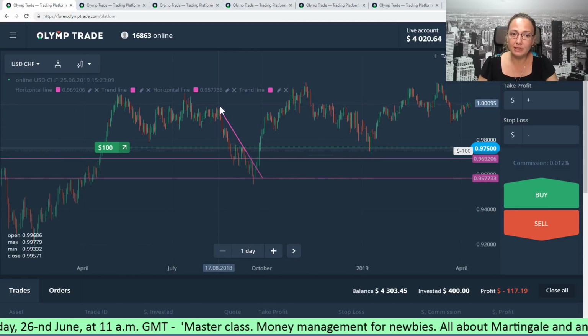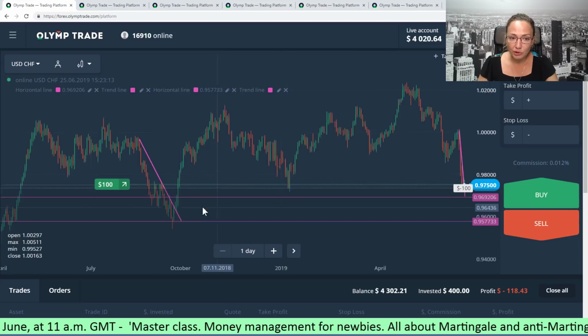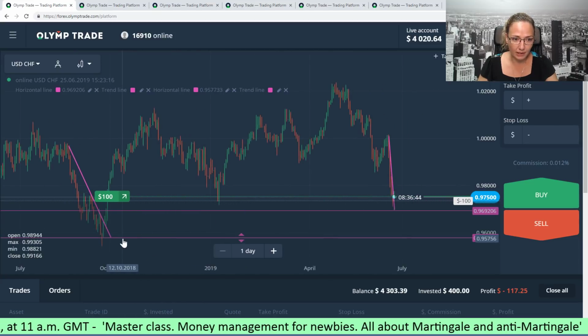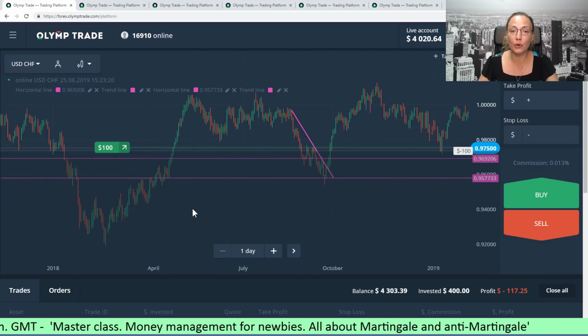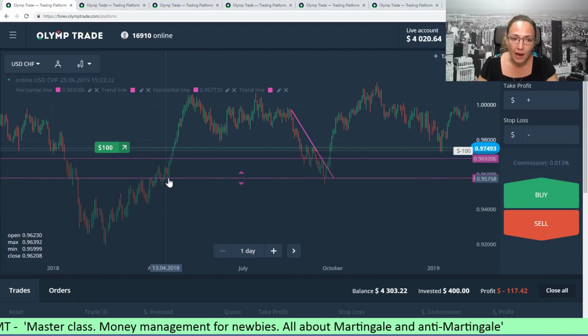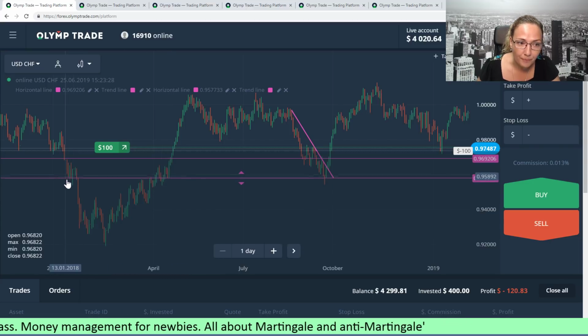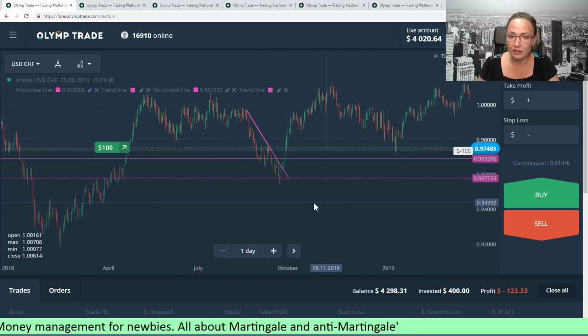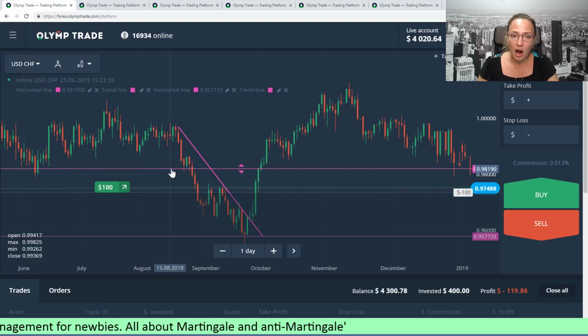As you can see, it follows a strong downtrend. I also have drawn myself a support level. Now you can also confirm the support level by seeing how the price respected the support level here. It supported this area here, so I know that this is a strong support level.